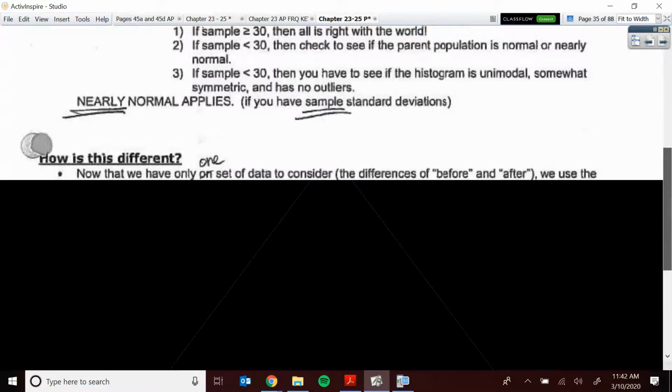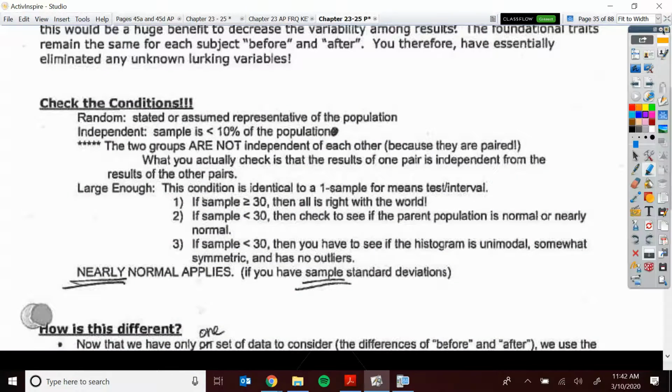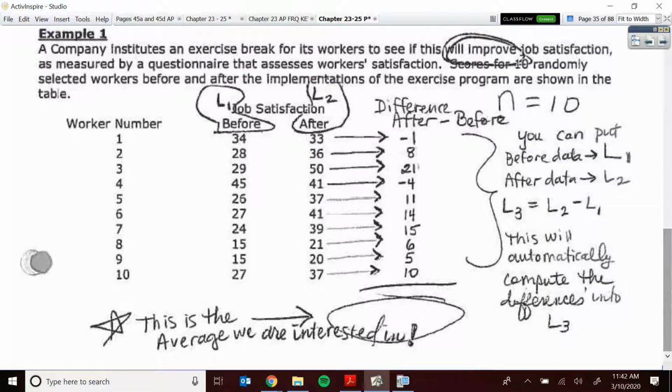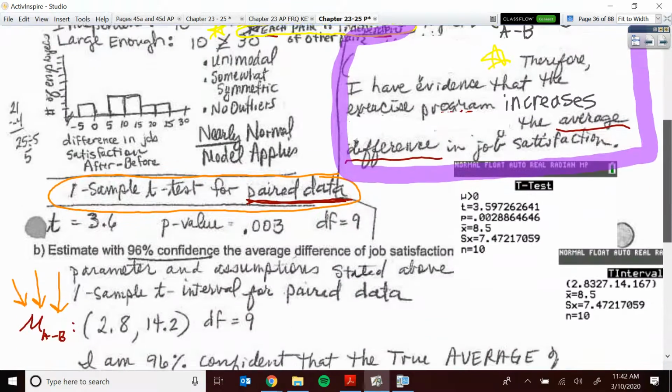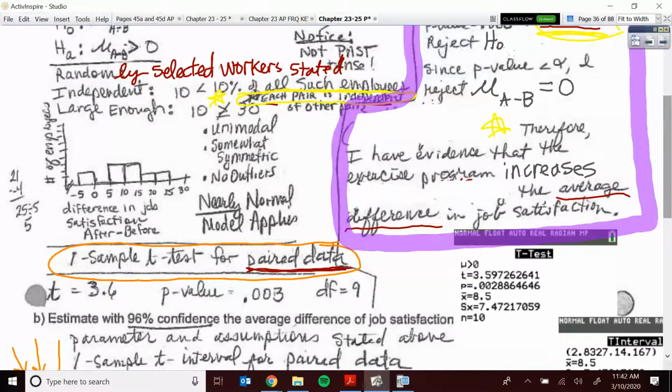That means every single person had increased job satisfaction, and that is not true. So you don't say every person had increased job satisfaction. What are you saying? That there was an average increase in job satisfaction, an increase in the average job satisfaction. Okay, so as long as you have that word average in there.